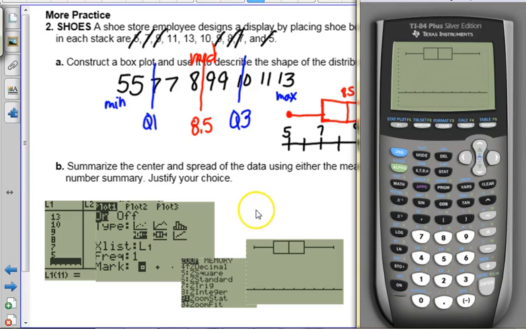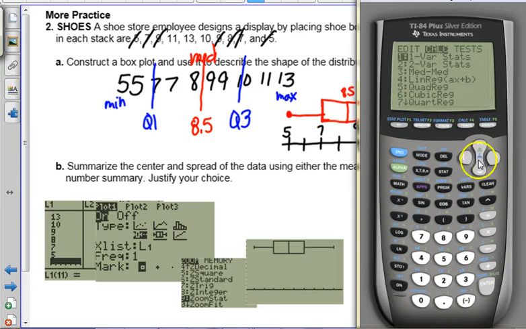Okay. I want to do the one number stats real quick. Stat, arrow to the right. One variable stats, okay? Calculate. What is the mean?